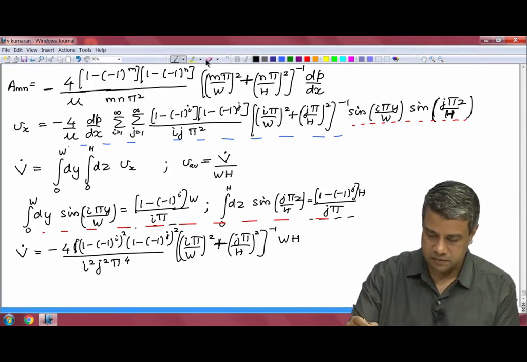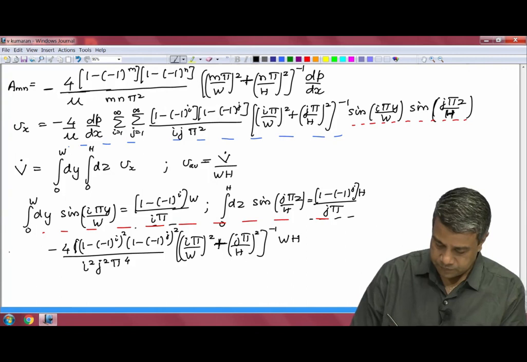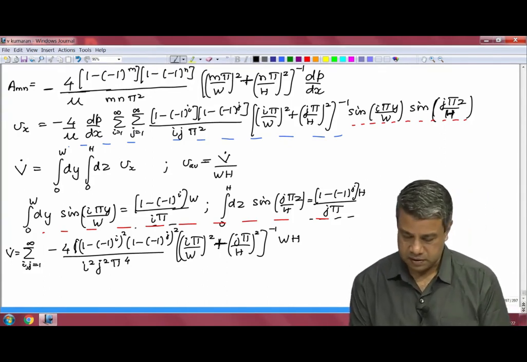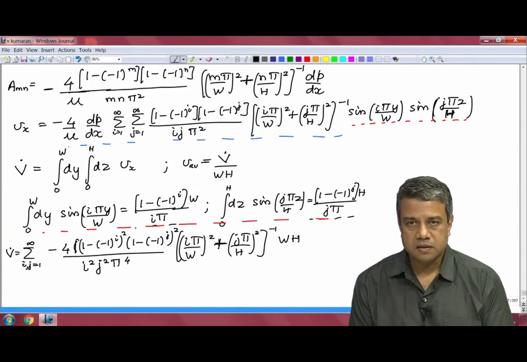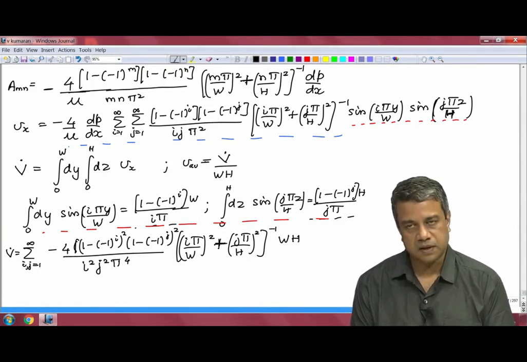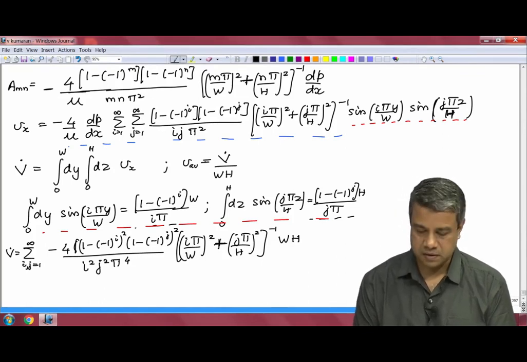So, that gives me a pi to the 4th, and of course, I have to have the summations. So, that is the volumetric flow rate, just integral of the velocity over the two coordinates. The average velocity is the ratio of the volumetric flow rate and W times H, the cross sectional area.